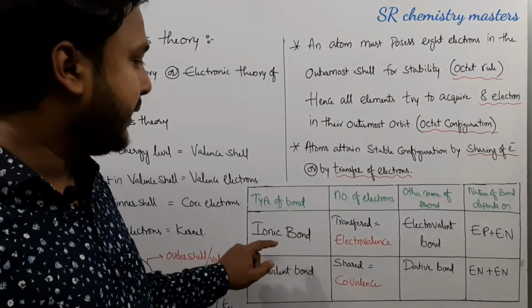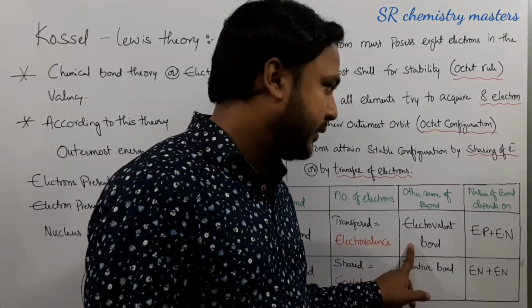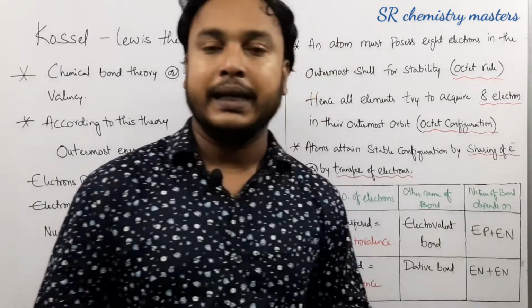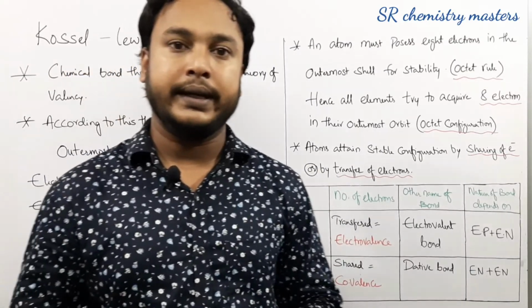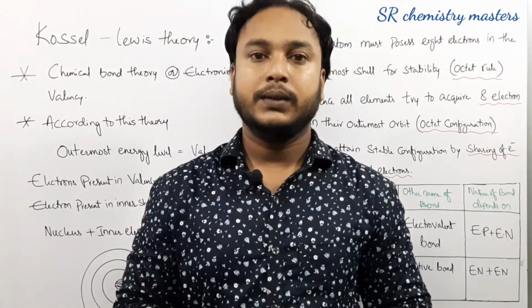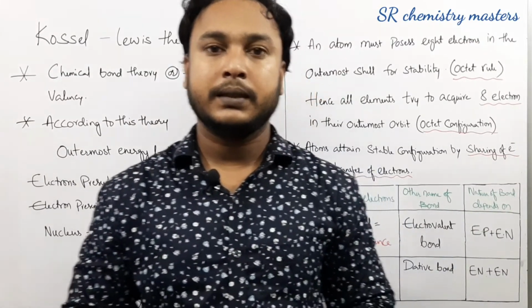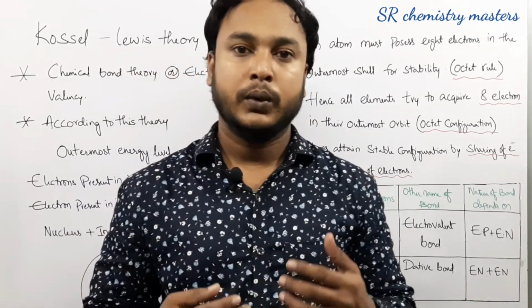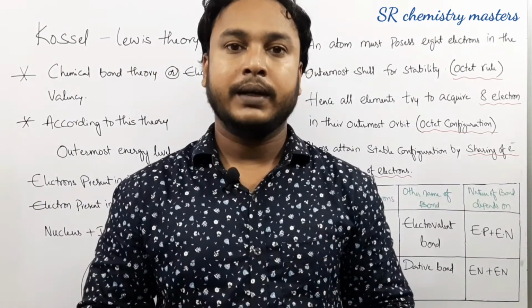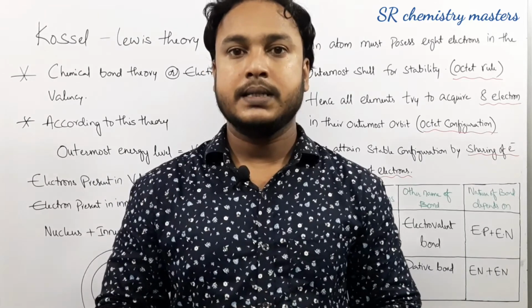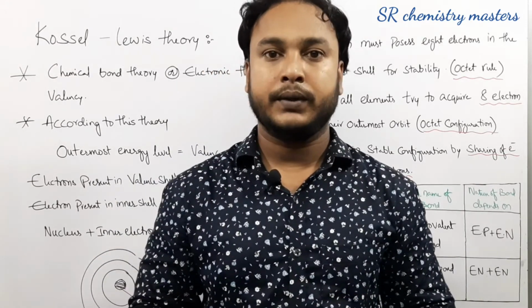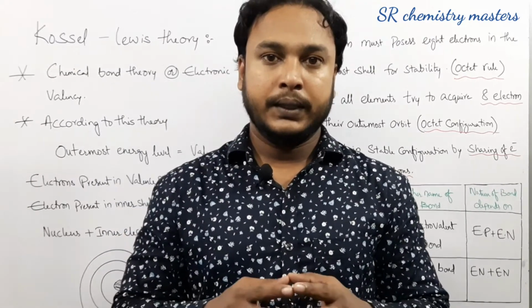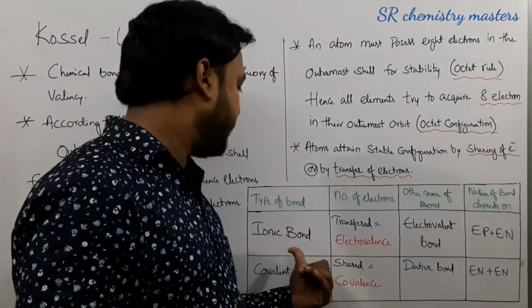The other name of the ionic bond is the electrovalent bond, and the nature of the bond depends on the electropositivity and electronegativity of the atom. As you know, electropositivity is the tendency of the atom to release the electron, whereas electronegativity is the tendency of the atom to attract the shared pair of electrons. These two properties are used in ionic bond formation.